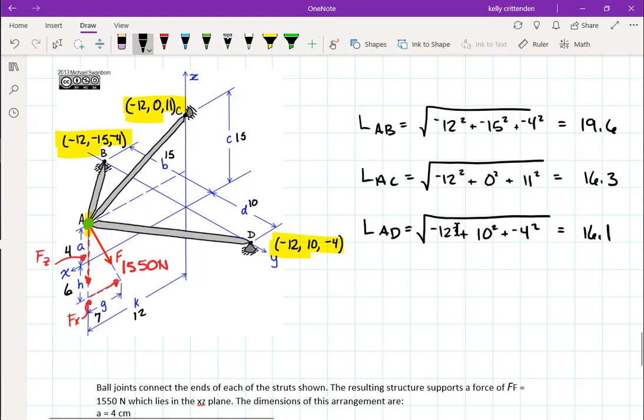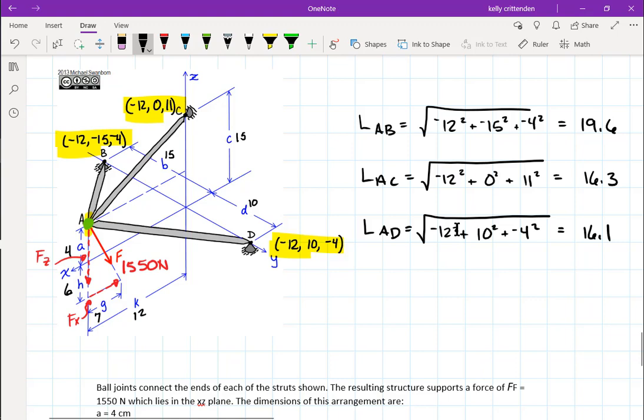The only real way you can check these is you have the endpoints 0, 0, 0 for point A, and then you have all of the points for B, C, and D. When you do the square root of the sum of the squares, what you get as a result should be larger than any individual number in the X, Y, or Z spot.